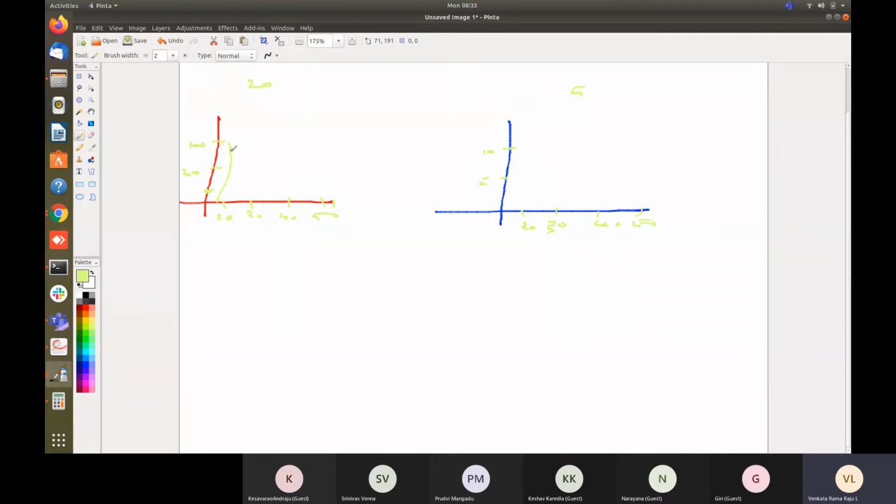The shape may be the same, but the height, the scale, may be different.